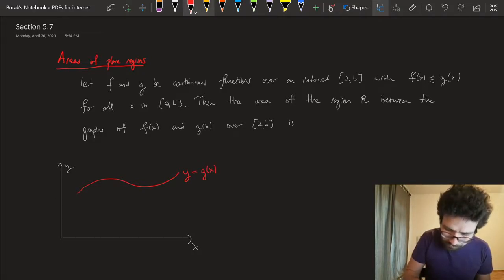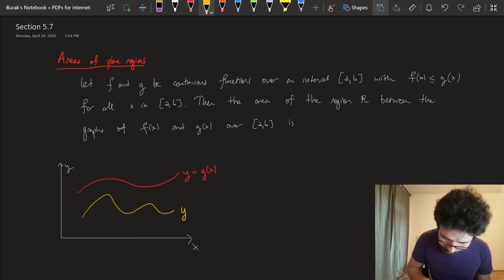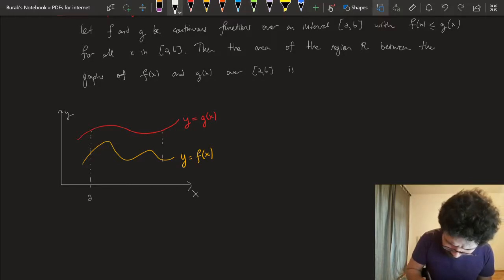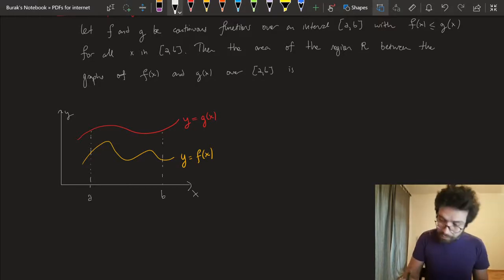This is y equals g(x). This is, let's say, y equals f(x). And let's say that this is a and this is b. I want to find the area of the region R between the graphs of these functions over the interval [a, b]. So what do I mean by this?